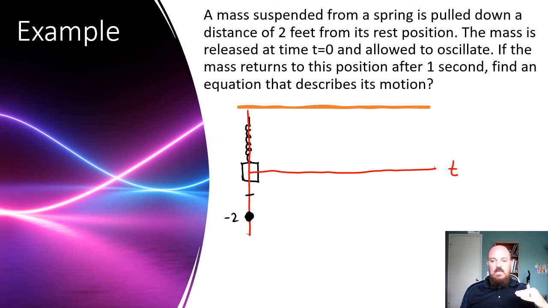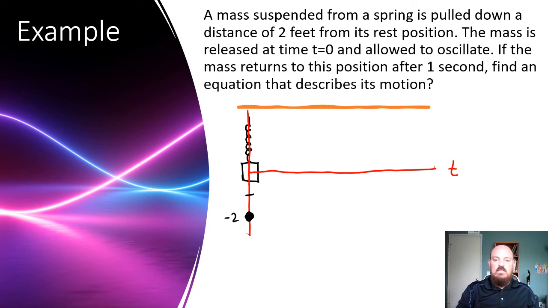Now, realistically, the weight would kind of slow down and eventually stop. But for the word problem's sake, we're just going to pretend there's no friction, there's no drag, and this thing's going to bounce forever. So as time passes, instead of showing the weight as just going up, down, up, down, we're going to show it up, down, and you're going to end up with a wave graph like sine or cosine.